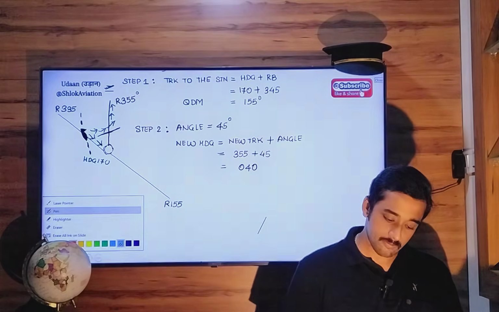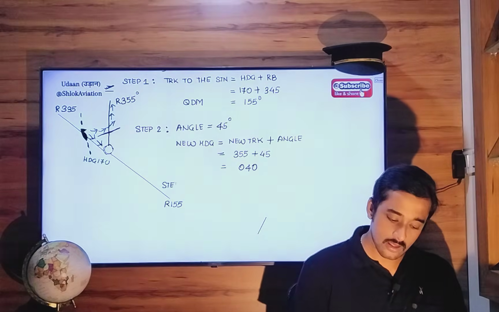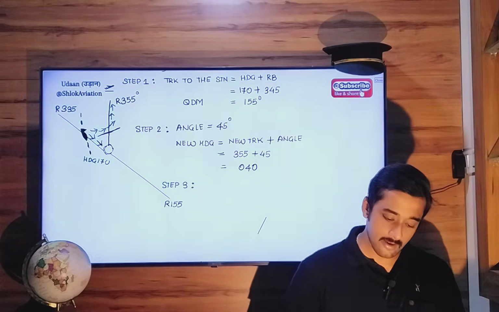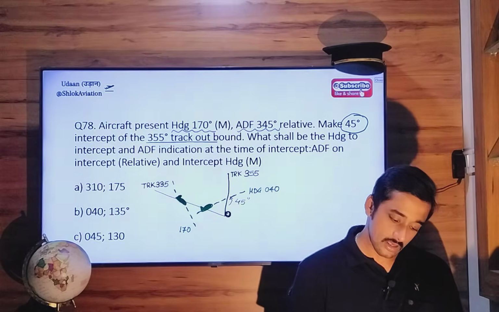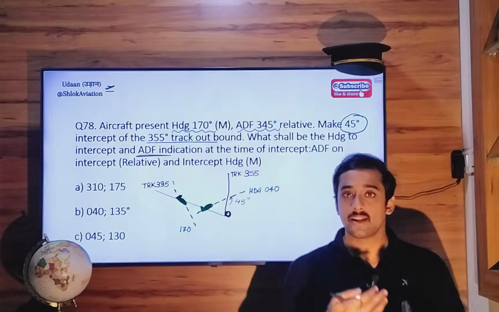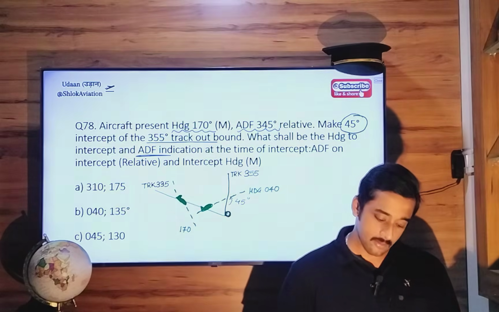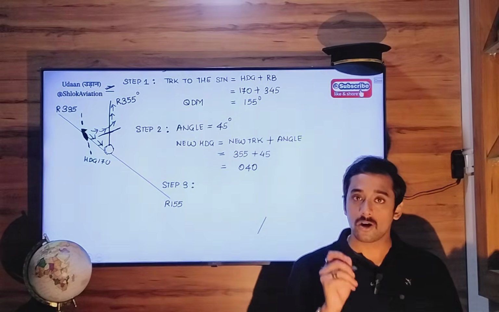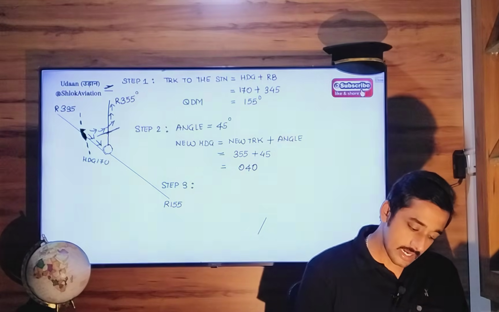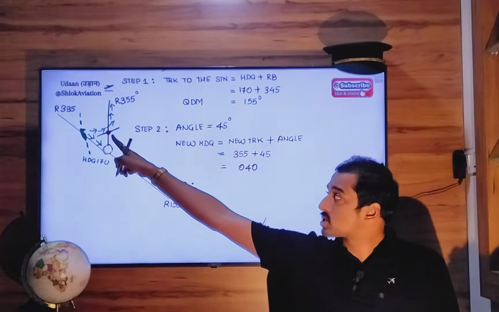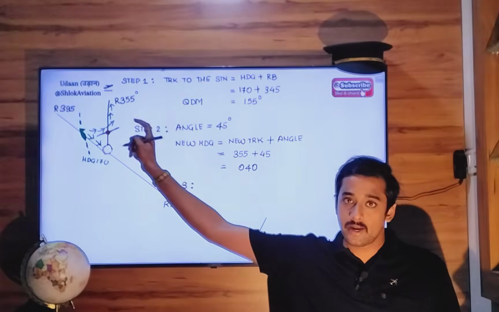And now next part of the question, find out the new ADF reading or the new ADF indication or new relative bearing indication at the time of intercept. That means what will be the relative bearing the moment you intercept or you cross this track 355, the moment you cross it.